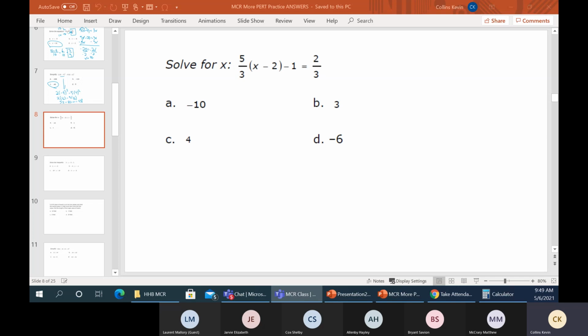So what are we thinking here? Any ideas on this one? Okay, Mallory thinks it's B. Do you guys agree, disagree? What do you think?